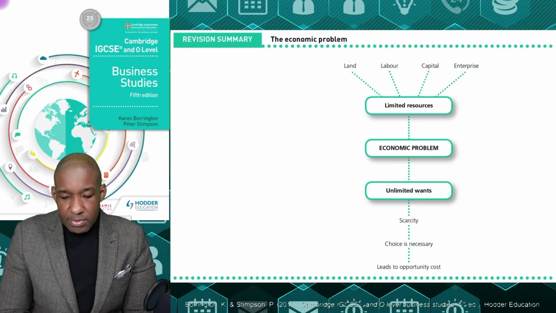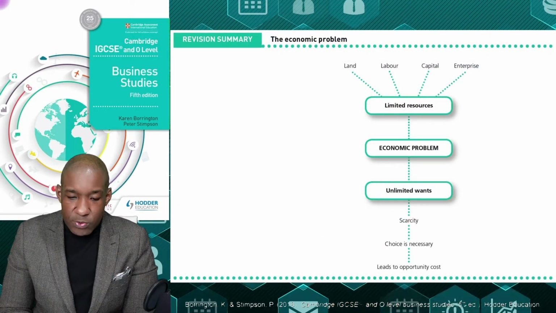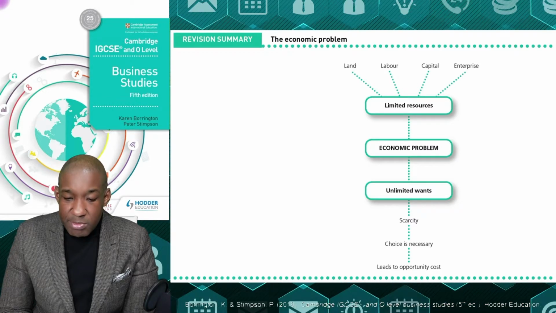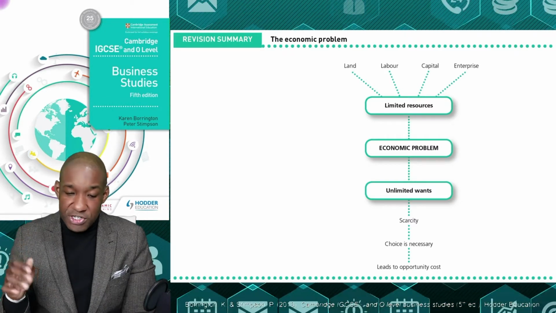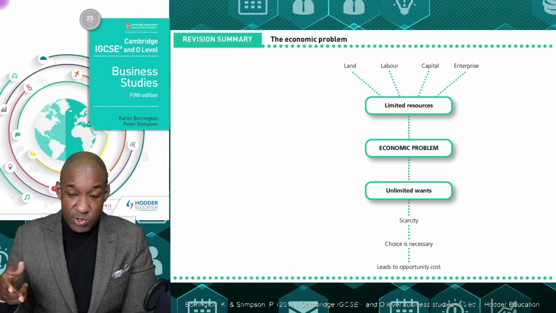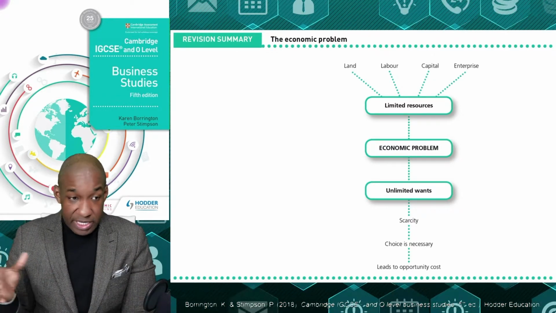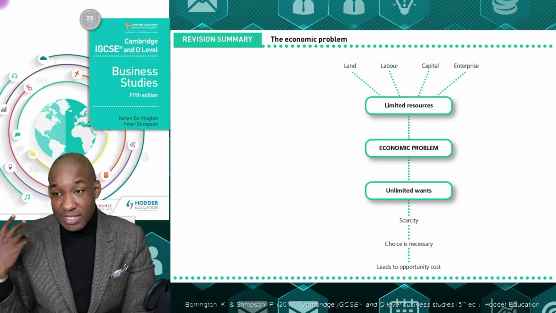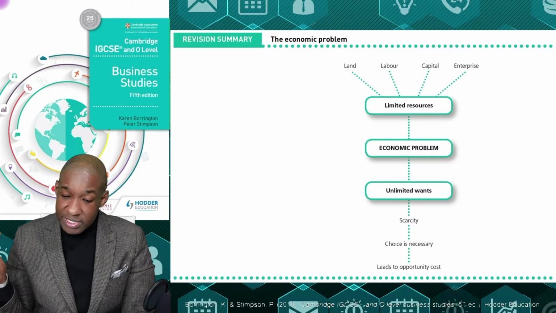So, we're going to go ahead and start with this economic problem. Remember, the 4 factors of production. You have land, including the natural resources, labor, the people to work, capital, the money and equipment needed, and enterprise, the entrepreneur who came up with the business idea.